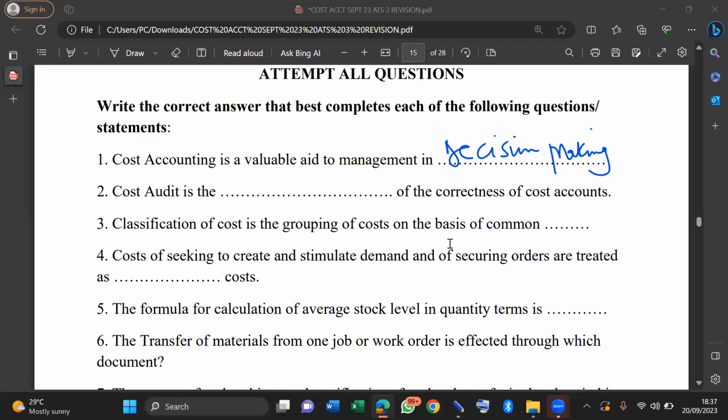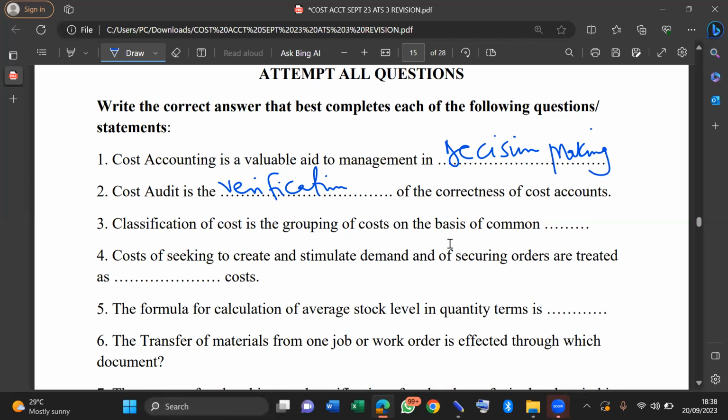Verify or verification. Cost audit is the verification of the correctness of cost accounts. If I don't use verification, I can use ascertainment. Okay.